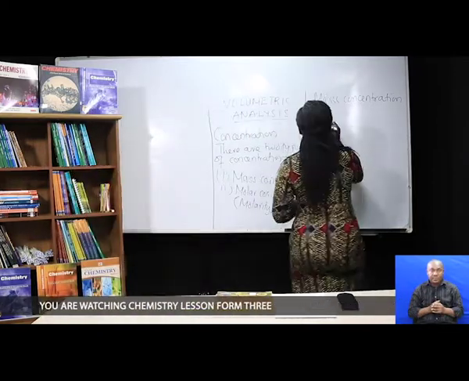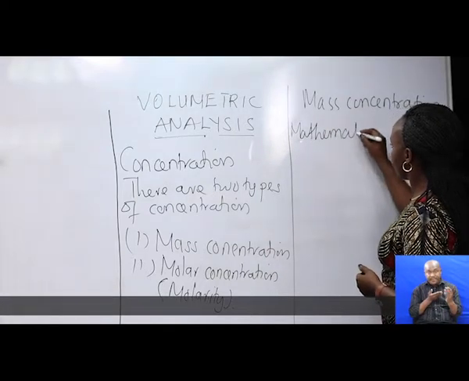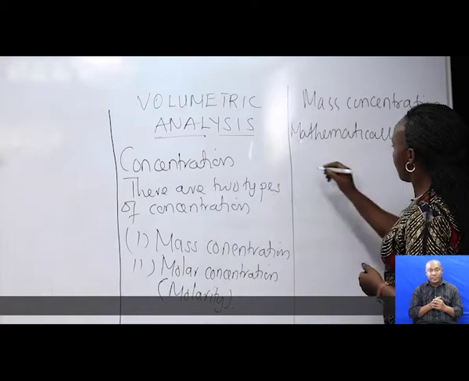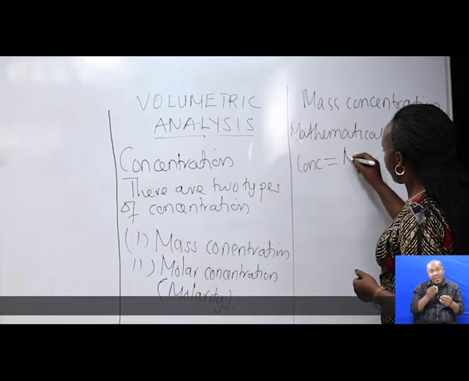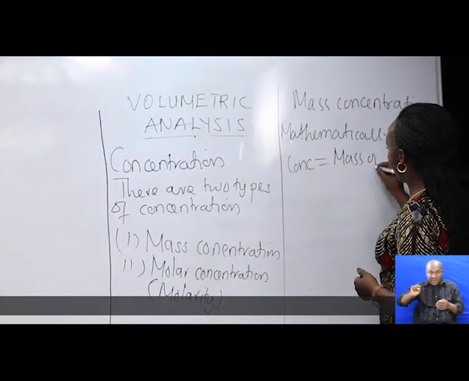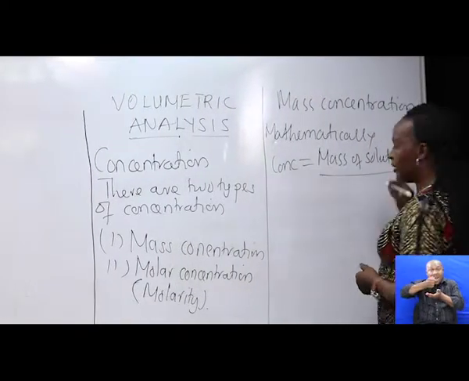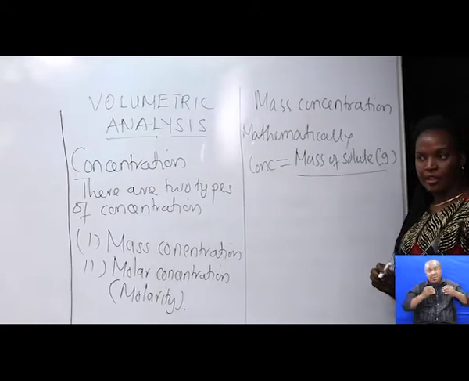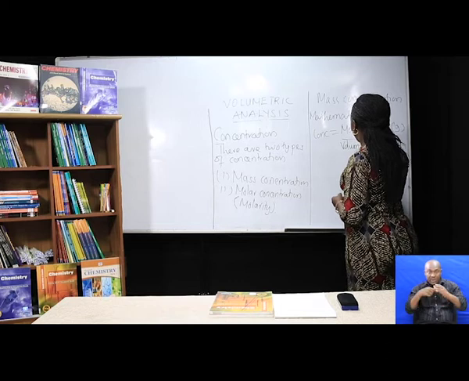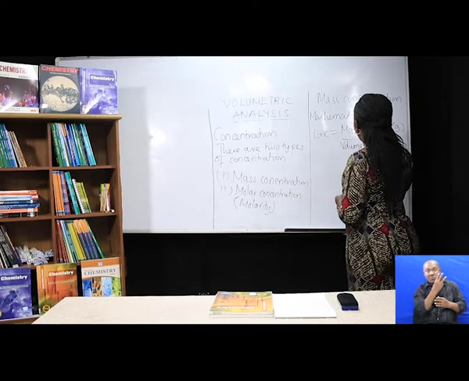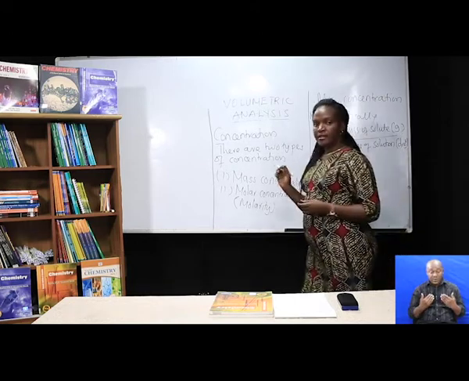Mathematically, mass concentration will be given by the mass of solute in gram, divided by the volume of solution in decimeter cubic.